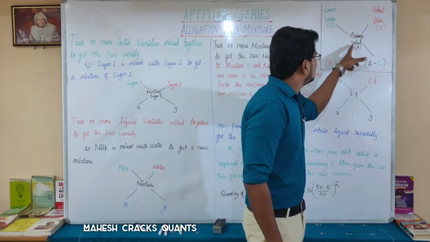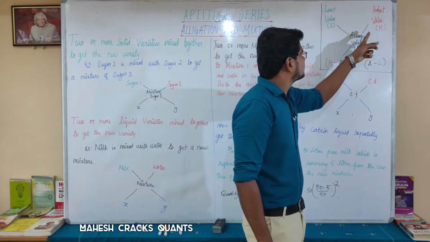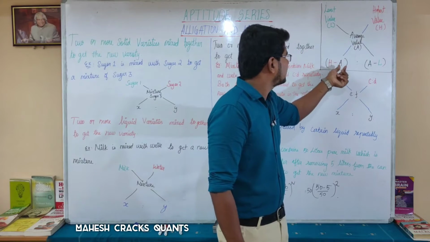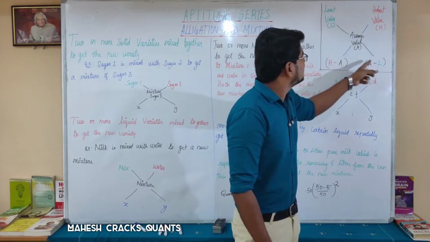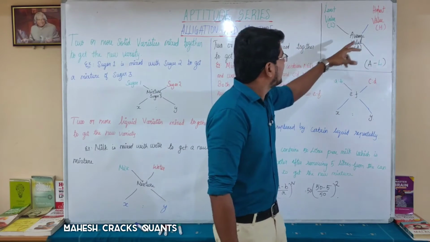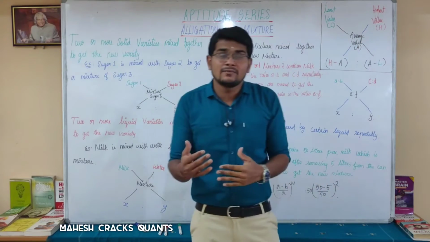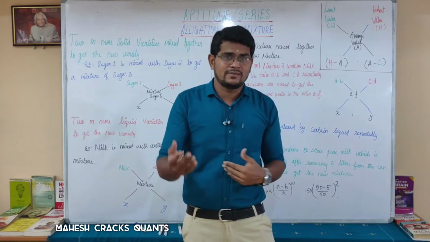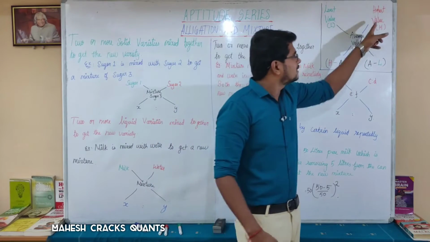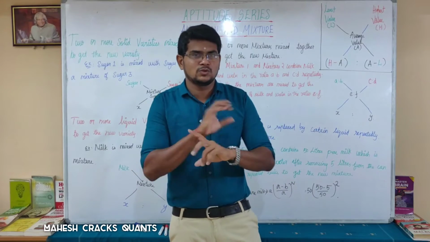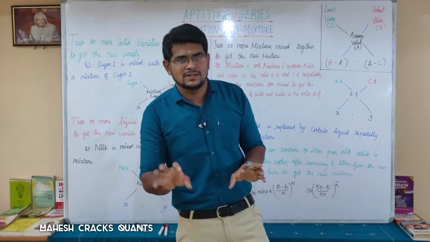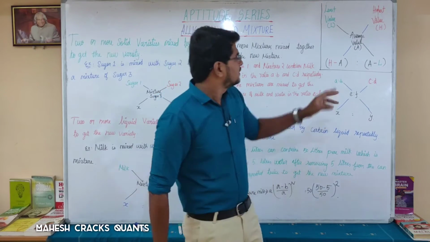You subtract: highest value minus average value will be placed here, and then average minus least will be placed here. Why highest minus average? Highest is above the average, so you subtract from this. This is nothing but finding the difference between them. You should not worry about minus or plus, just the difference between them.